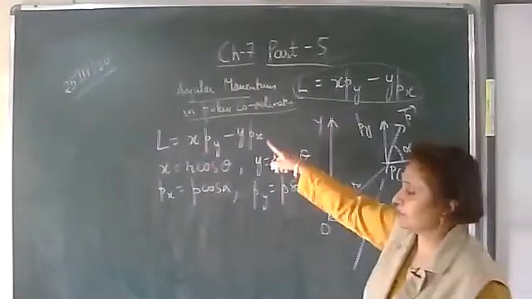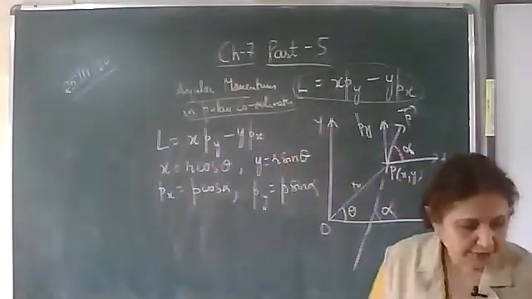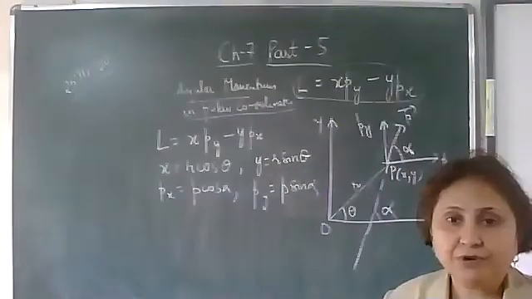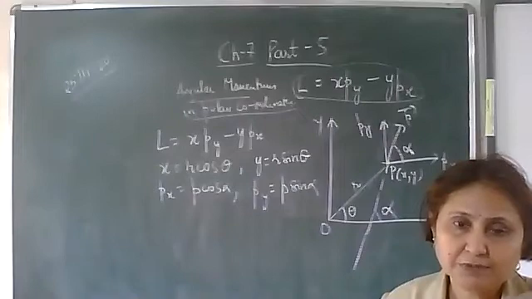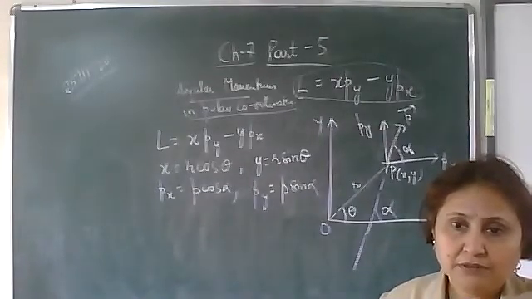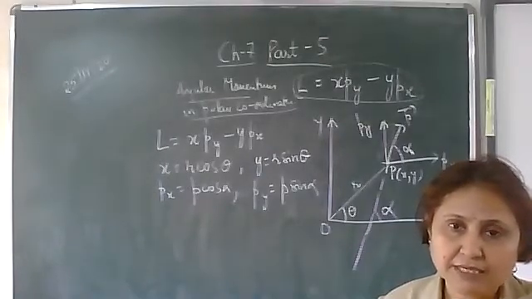This is the expression in Cartesian coordinates. Substitute all this to get angular momentum in polar coordinates, the same way as we derived the expression of torque in polar coordinates. Hurry up, one minute is given to you. I'll write only the final expression.